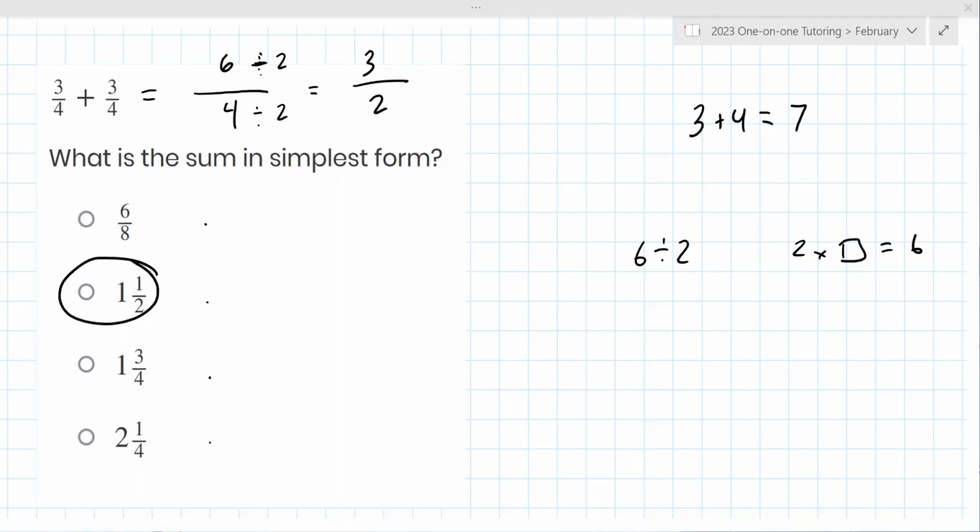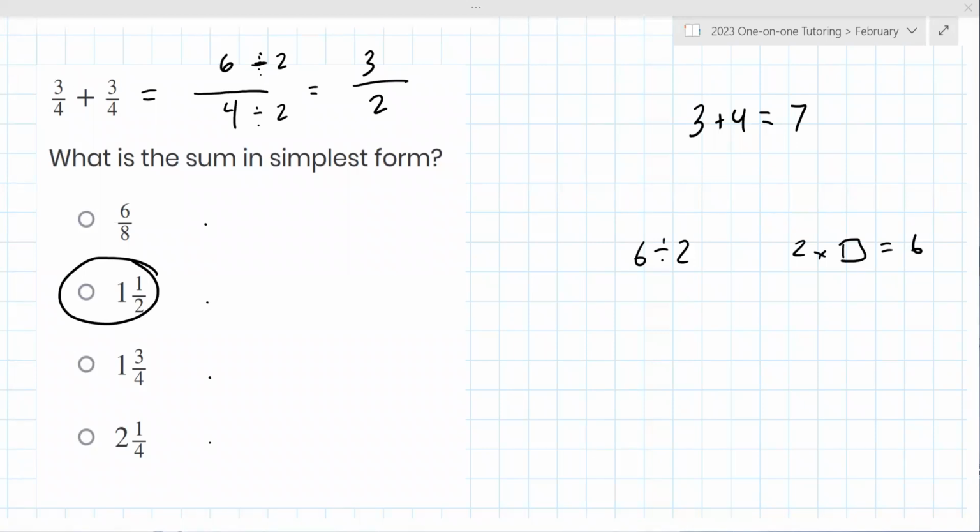All right, so let's look at another problem here. Sorry, just give me a moment to pull one up. Okay, so the next problem here, again, kind of the same deal.